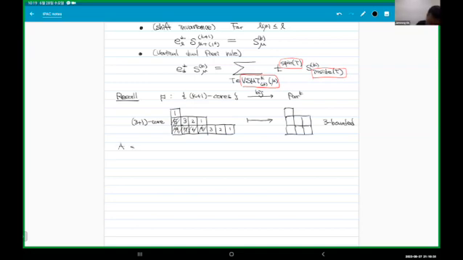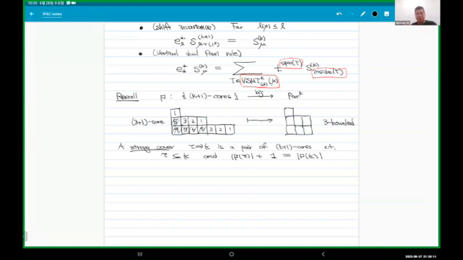And a strong cover is a pair of k+1 cores tau and kappa such that tau sits inside kappa, and by this map p, the size of p(tau) plus 1 is equal to the size of p(kappa). So on the right side, their difference is 1 cell, and on the left side, tau is just inside kappa.